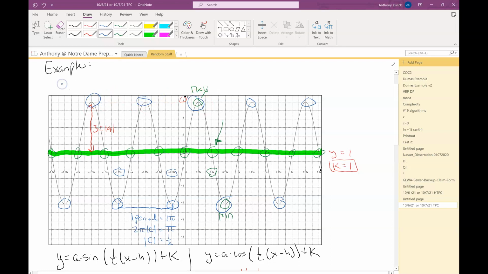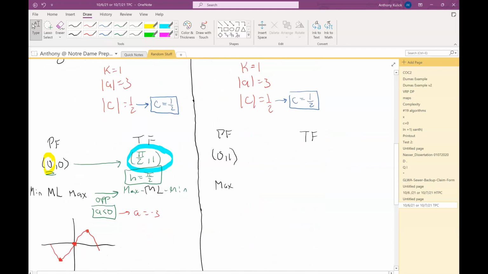Any of them would be fine. For the sake of argument, I'm going to pick this one, which is at 0.25 pi and 4. Instead of writing 0.25 pi, I'm going to write it as pi over 4. And this was a maximum.